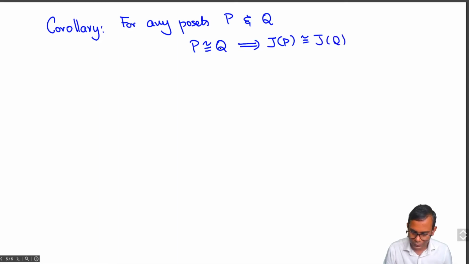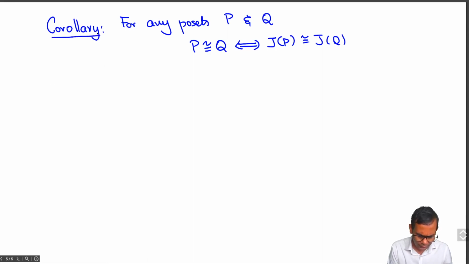Just the isomorphism from P to Q carries over to an isomorphism of ideals, but the converse is also true, because if these two lattices are isomorphic, then I can recover P and Q as their induced subposets of join irreducible elements. Here's another very interesting corollary.